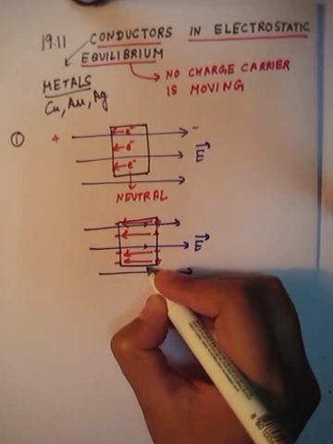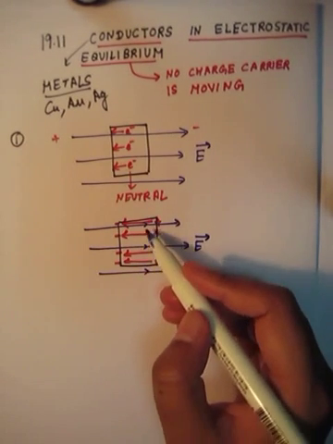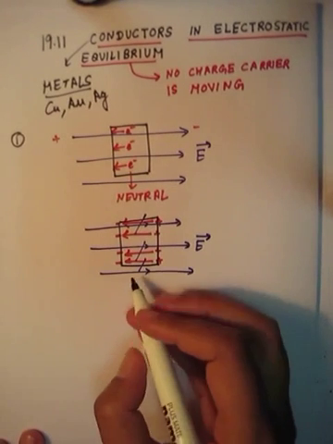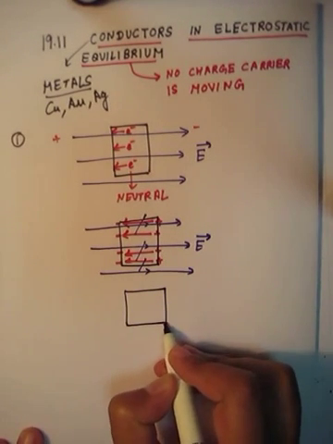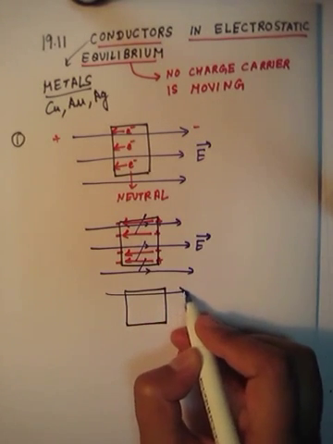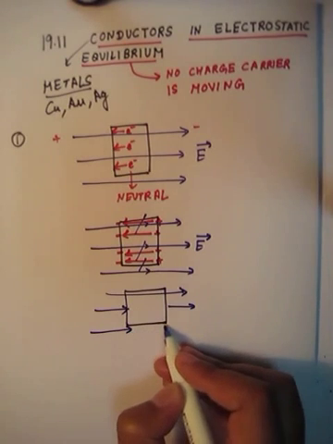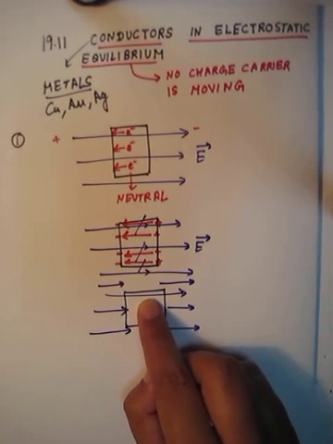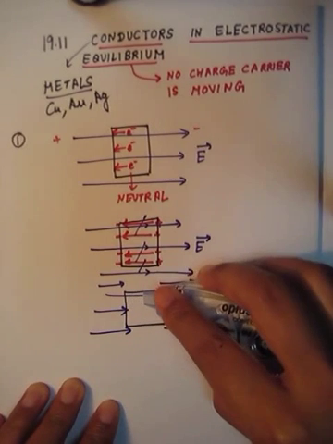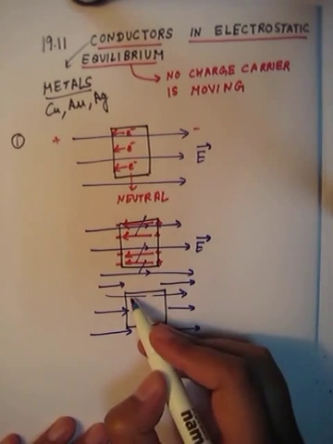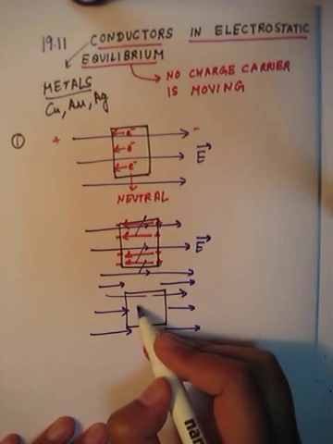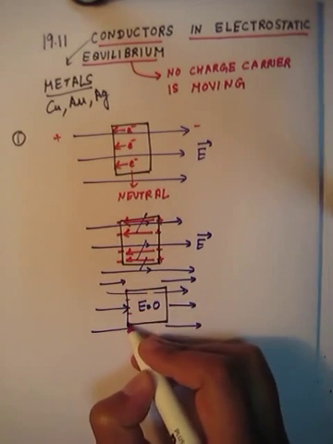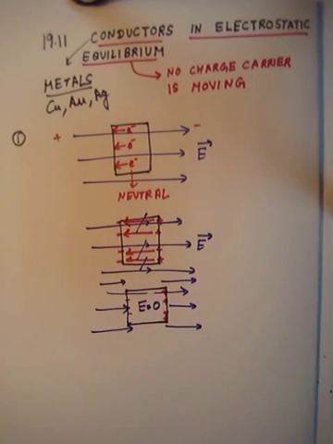So inside the conductor, these electric fields will cancel each other, and therefore the electric field inside a conductor in electrostatic equilibrium will be zero, with a negative charge on one surface and a positive charge on the other surface.